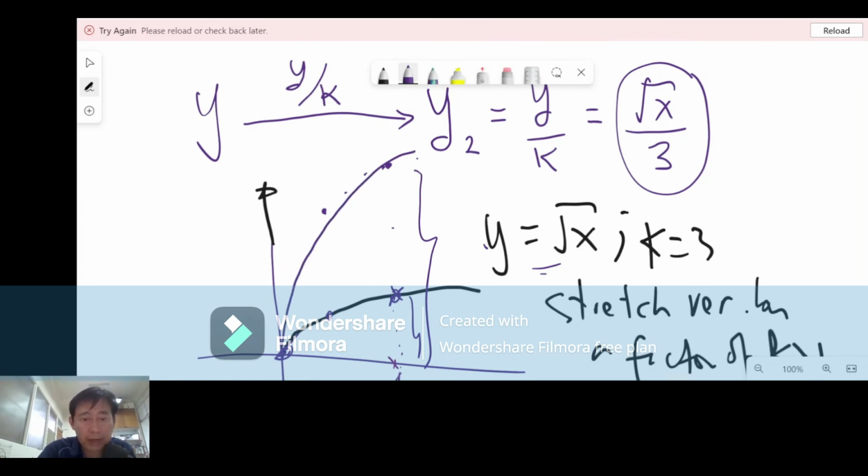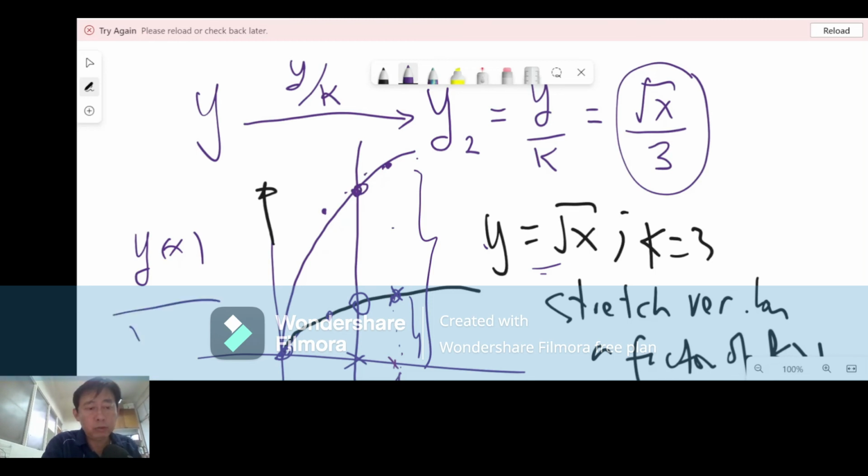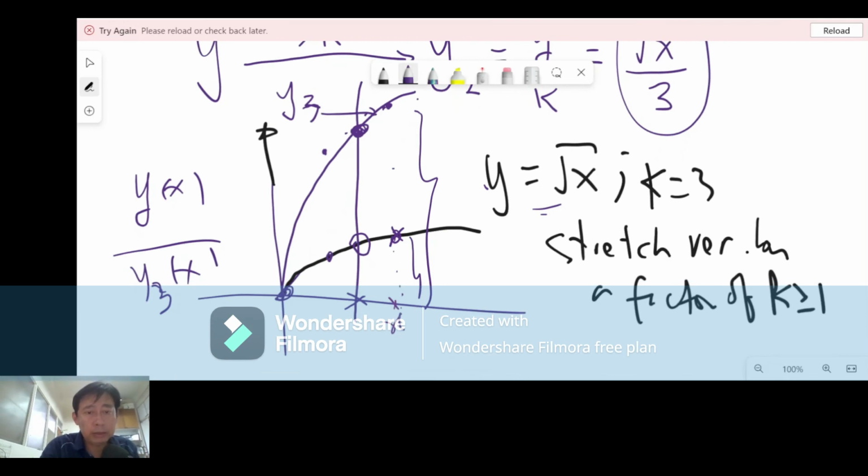If you take any particular vertical line at a fixed value of x, the value of y on the original curve at x and the value of y3 at the same point, where this is the curve of y3, well, maybe I call it y3 instead of y2, so the value of y3 at this point is the point here.